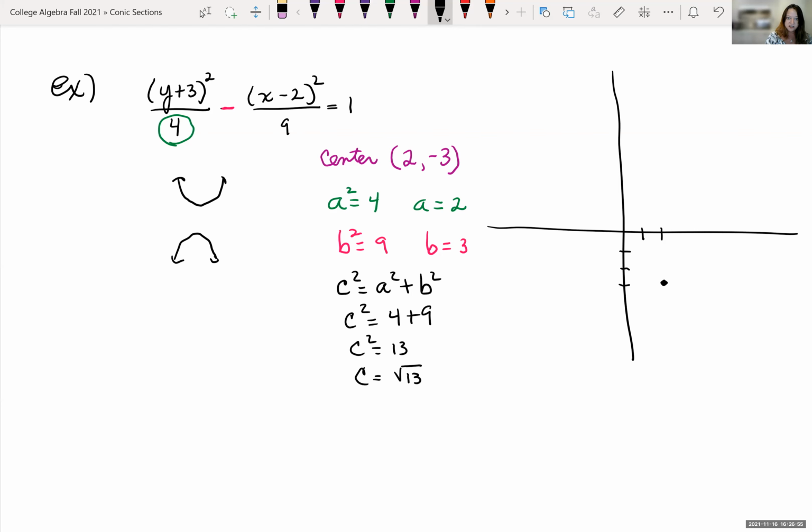So to get to our vertices, we're going to go up and down 2 from the center. If we go up 2 from the center, our x value is the same, it's 2, but our y value is -1. And if we go down 2 from the center, we're going to have (2, -5).